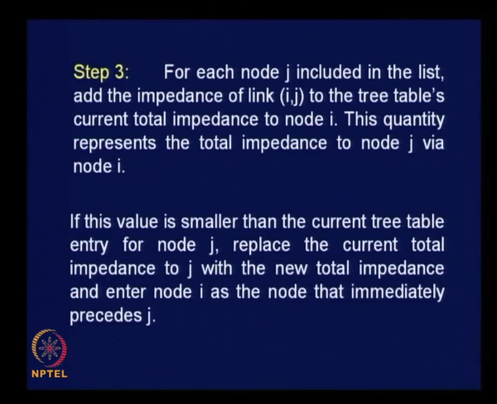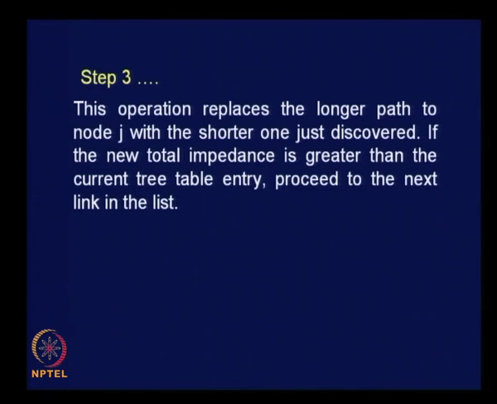If this latest calculated value is smaller than the already calculated tree table entry for node j, replace the current total impedance to j with the new total impedance, because it is smaller, and enter node I as the node that immediately precedes j. To proceed further, you just name that node as node I. This operation replaces the longer path to node j with the shorter one just discovered.